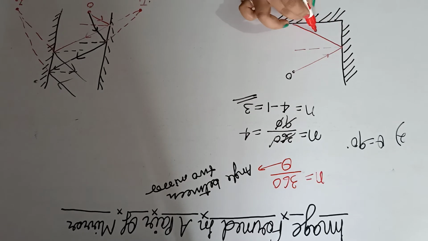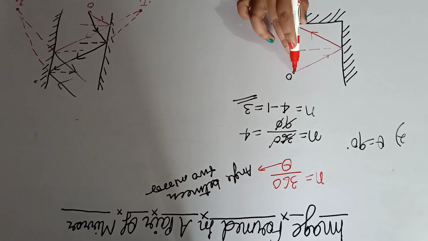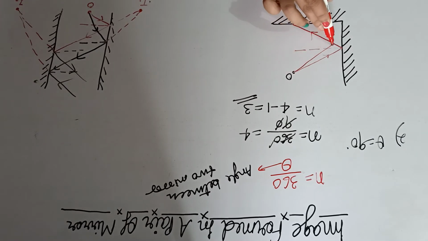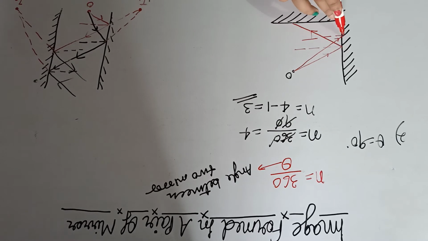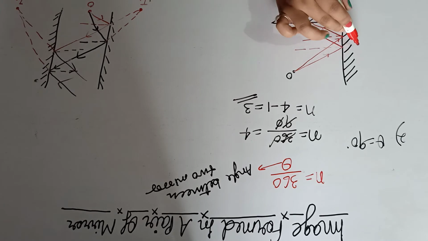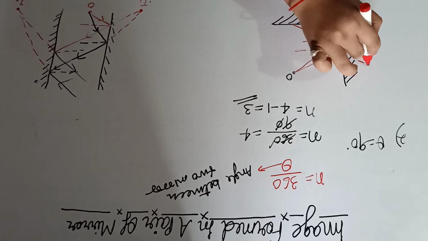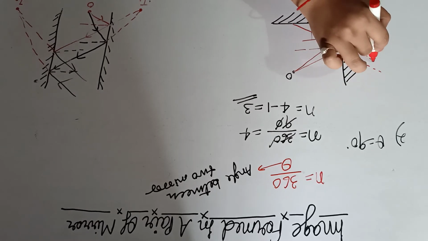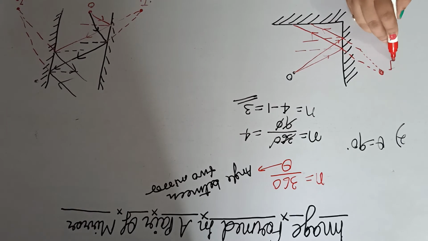This is the reflected ray. We need two incident rays for the formation of an image. So we have one more incident ray, its normal, and the reflected ray. For the formation of the image, we construct them backward. By constructing these reflected rays backward, we will see that at one point they just appear to intersect. This is I1, the first image is formed.